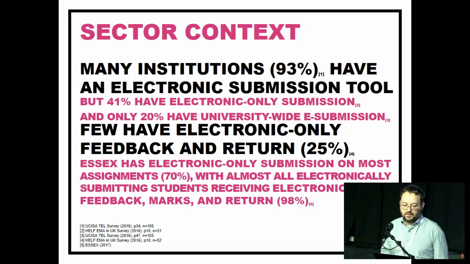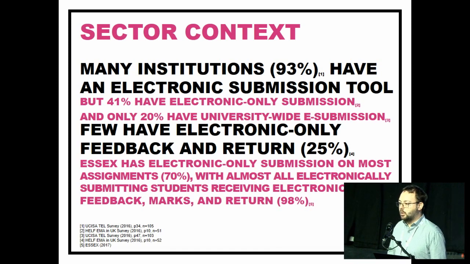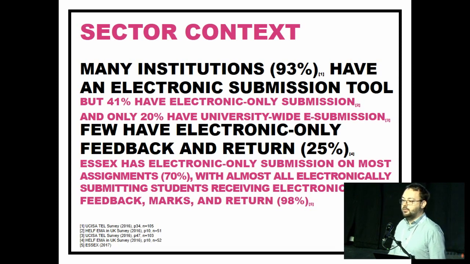Now, for the University of Essex, we've actually got quite a high figure. Over 70% of our coursework is submitted electronically, and we know that that 30% is largely ineligible for an electronic medium. Of that electronic coursework, 98% leads to electronic feedback. So you might wonder why we're particularly high.